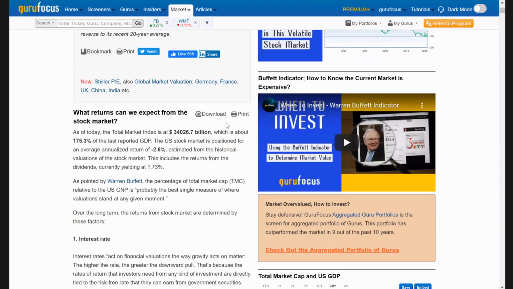As said by Warren Buffett, the percentage of the total market cap relative to US GNP is probably the single best measure of where the valuation is at any given moment.